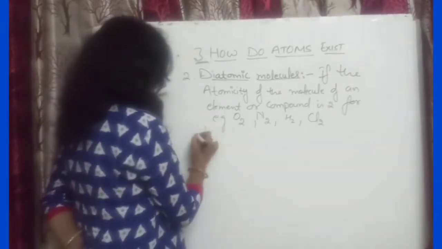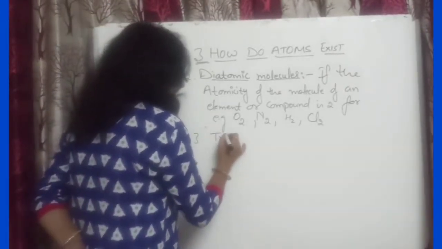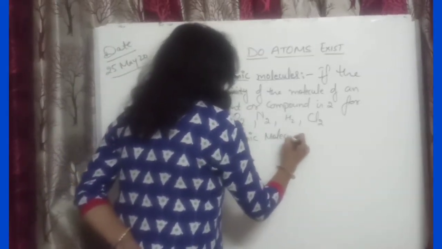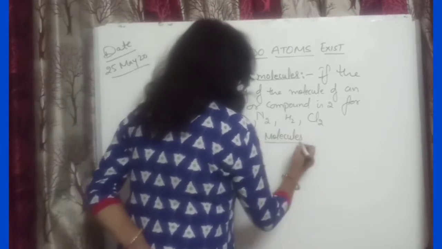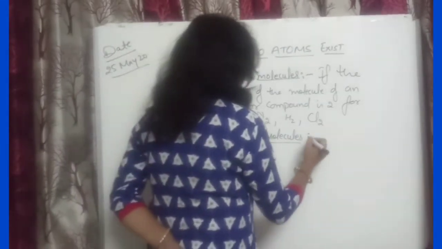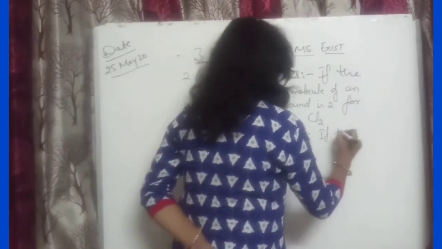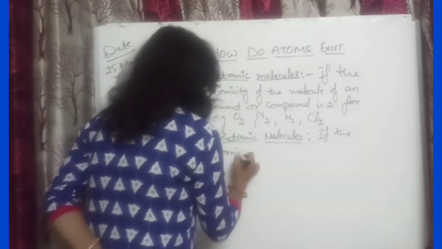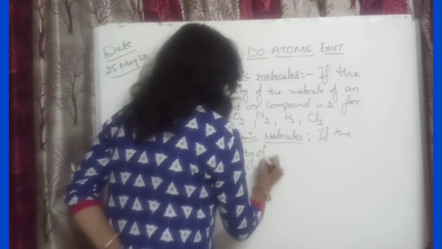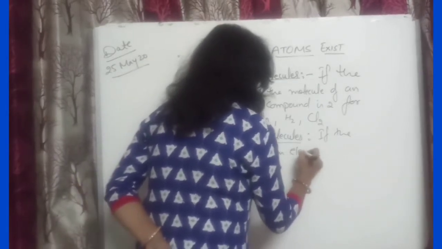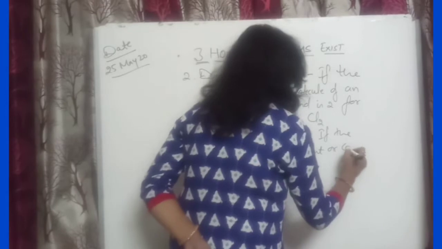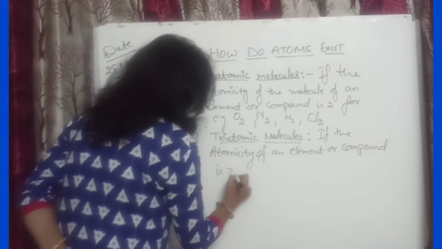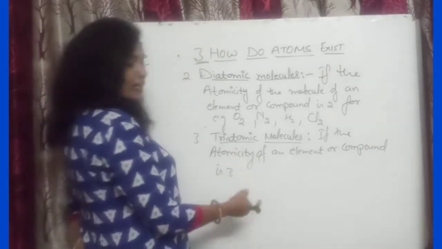Next we will take the triatomic molecule. What are triatomic molecules? Triatomic molecules are those molecules which consist of 3 atoms, or the atomicity is 3. So if the atomicity of an element or compound is 3, then it is said to be a triatomic molecule.